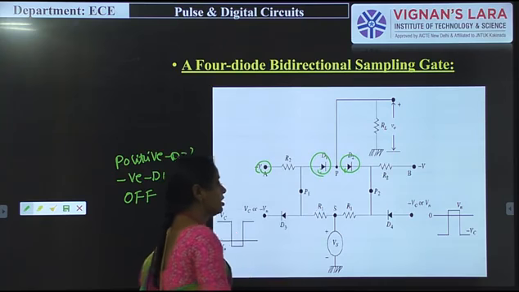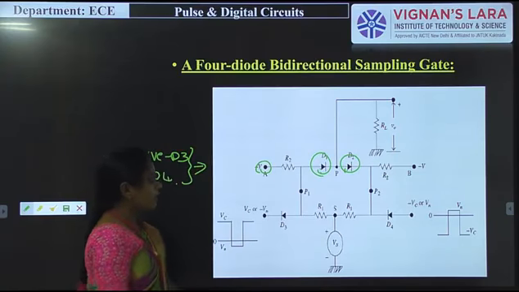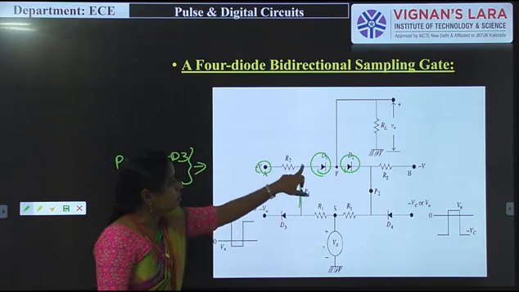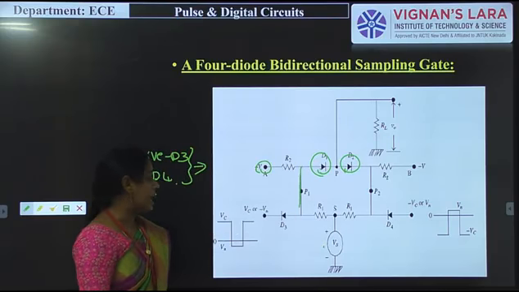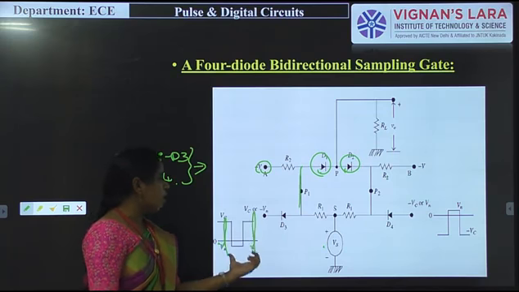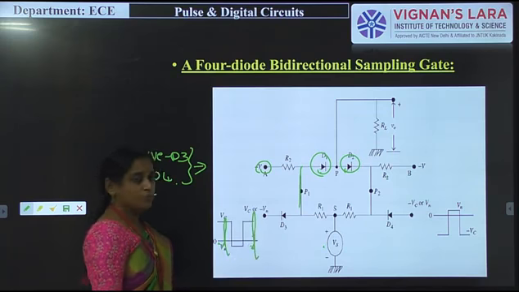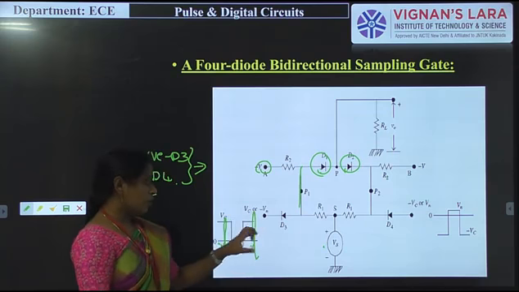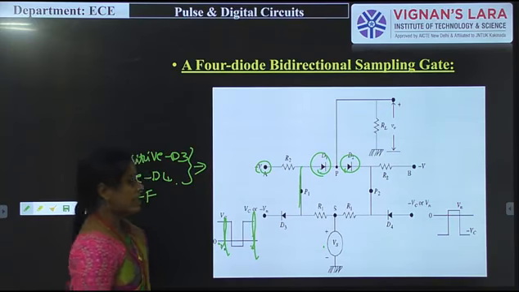So whatever the Vs signal given, it will be produced at the output side without the condition of the controller. Whatever the input signal, that will be produced at the output side.